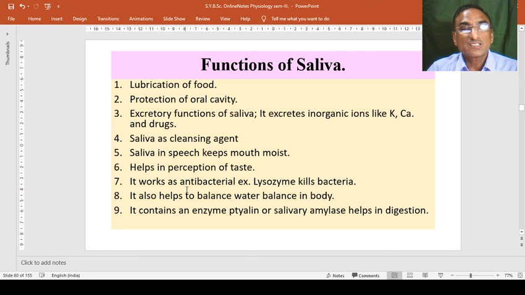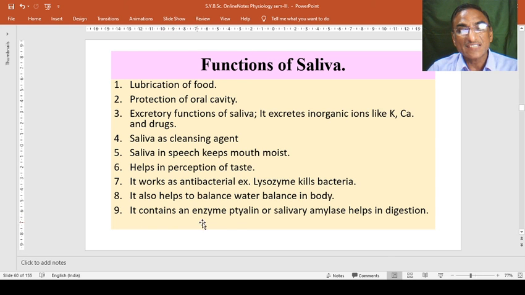It also works as an antibacterial agent, for example lysozyme, which kills the bacteria in the mouth and the bacteria with food in the crevices or in between two teeth. It also helps to balance the water balance in the body.